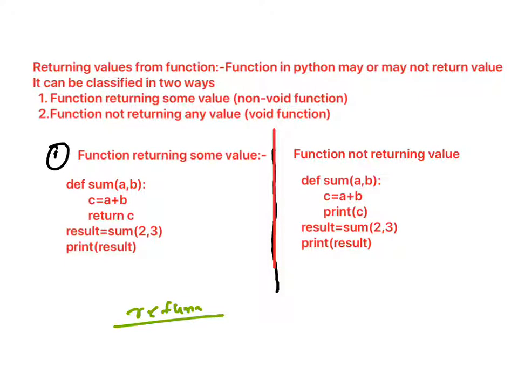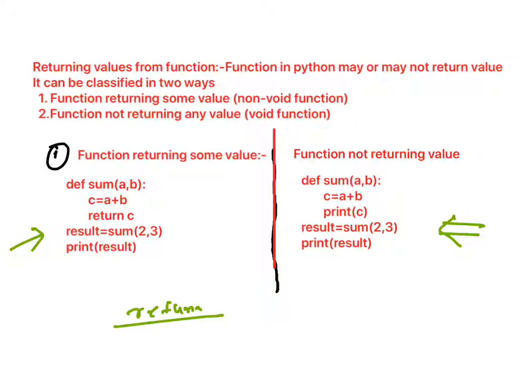Very simple. If you are just calculating and you want to print it, you can see in the first example what I have done: I have used C equal to A plus B and then return C. Keep in mind that here I am using return C, but in another example I am using print C. In the first example you want to return the value and use that value in another function, but in the second example you don't want to return the value.